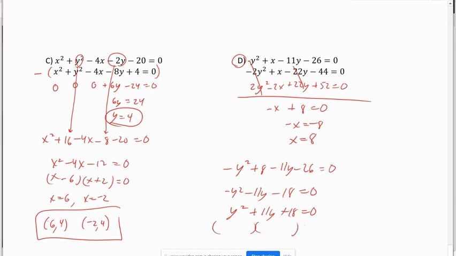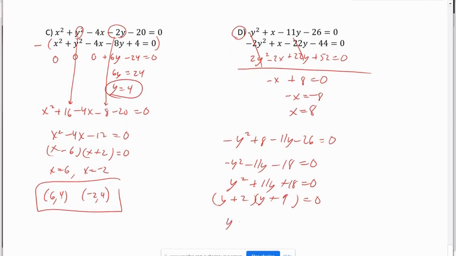And so now we can try factoring that. And 11 is 9 and 2, so (y plus 2)(y plus 9). And so that gives us y equals negative 2 and y equals negative 9. And so we have one x value, 8, that goes with two different y values. And so those are our two solutions.